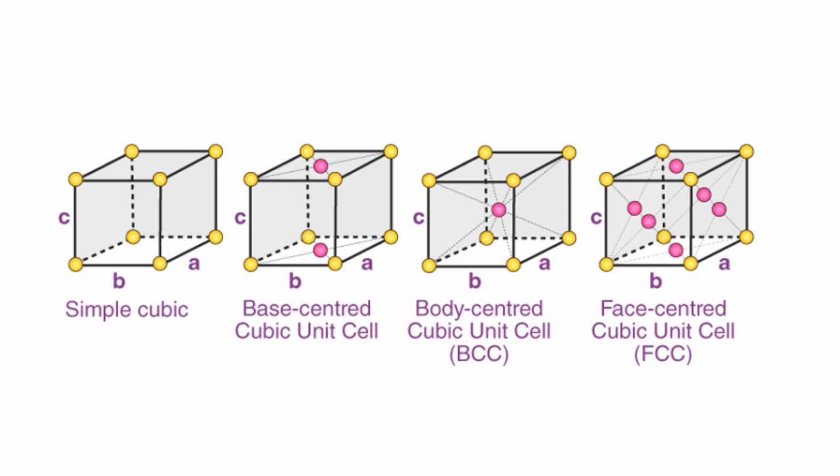Now there are basically 4 basic types of structures. First one is known as simple cubic, where there is a single type of ions. Second one is known as BCC structure.